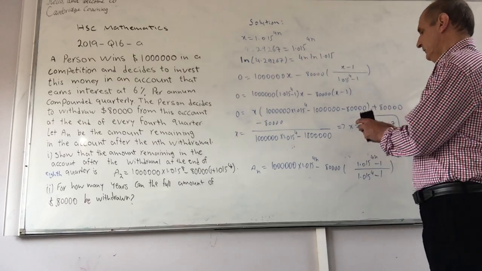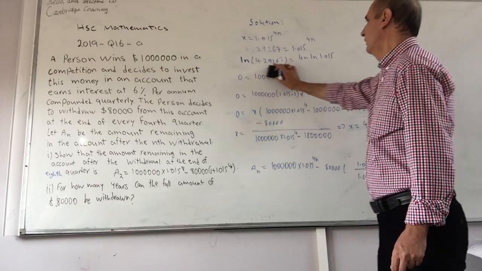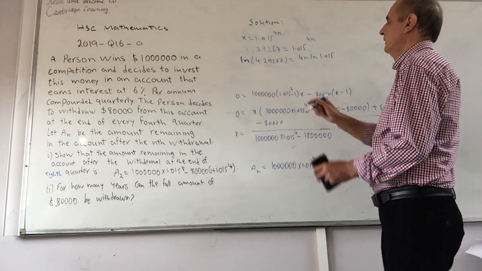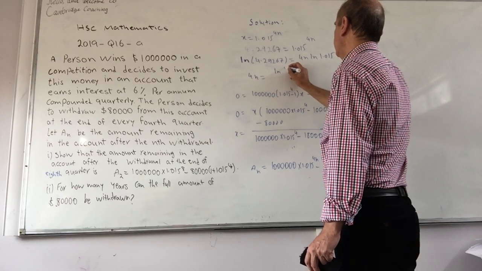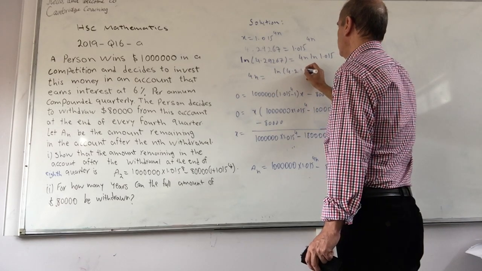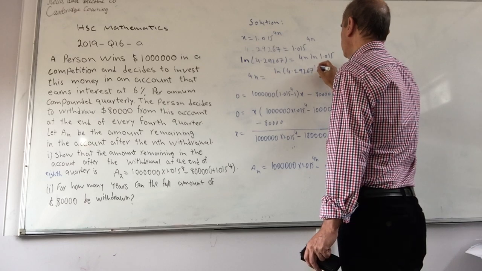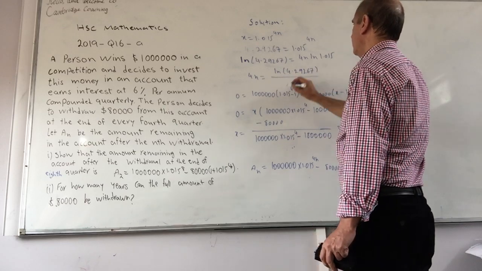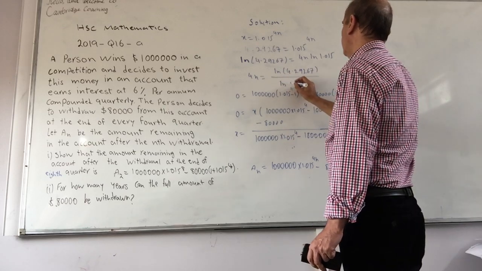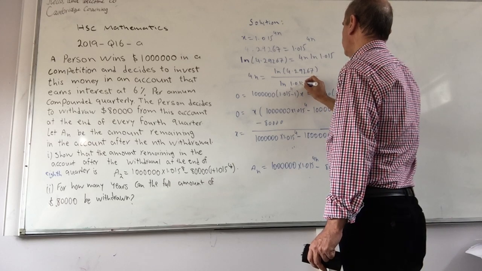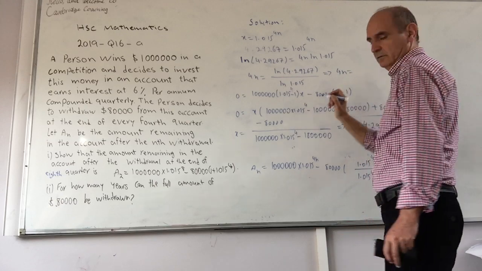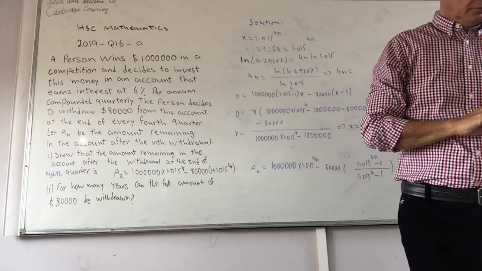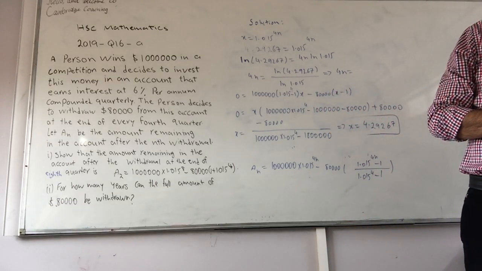So from here we can work out 4n, which is ln 4.29267 divided by ln of 1.015.